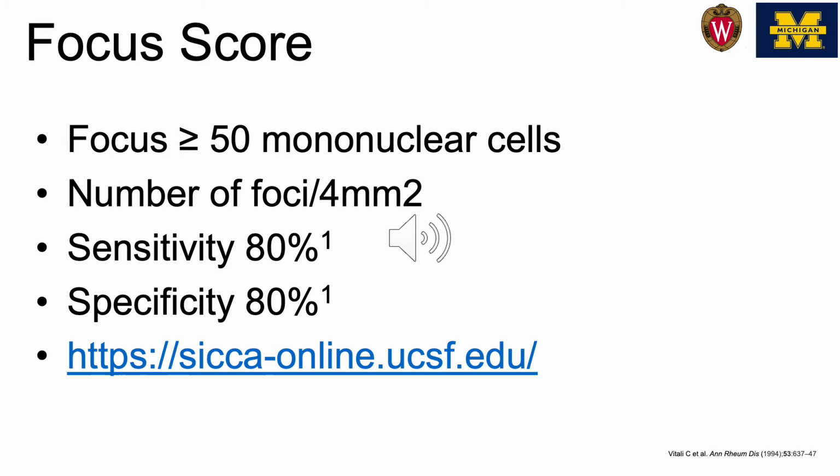He defined a focus as one with 50 or more lymphocytes or histiocytes, then quantified the number of those as the number occurring in 4 millimeter square gland of tissue. Turns out that the area of observation under 10x low power microscopy is 4 millimeters square, so there you are. He found that quite a few autopsy specimens had some lymphocytic infiltration.